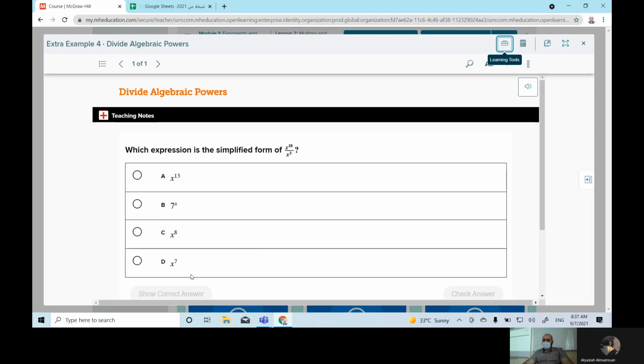Fatima said D. Who has a different answer? The same answer? So 10 minus 3 will be 7. So it will be D. Great.